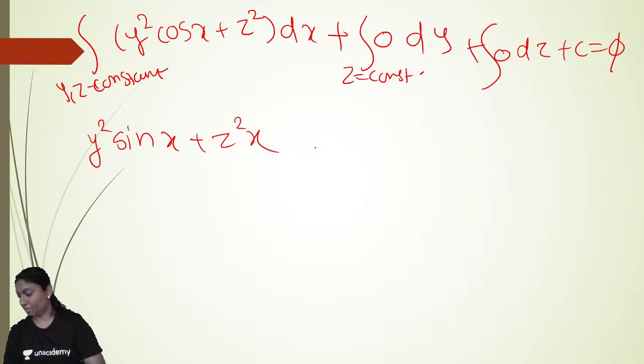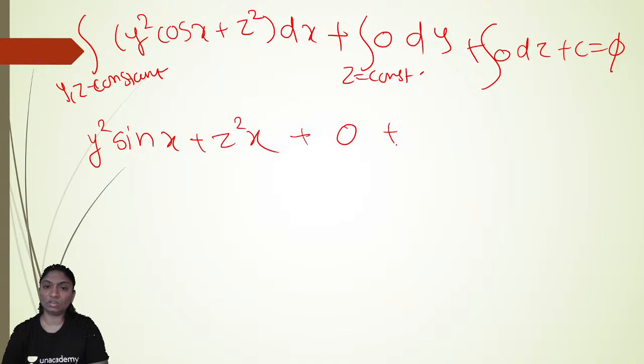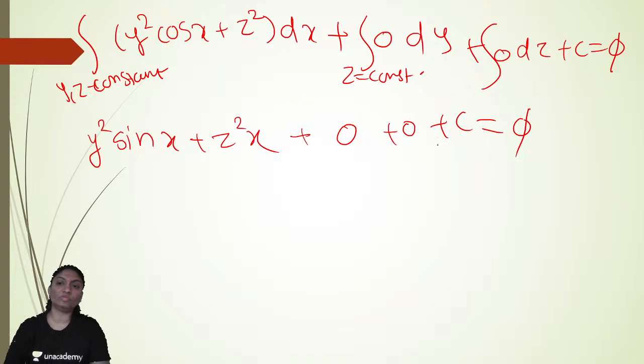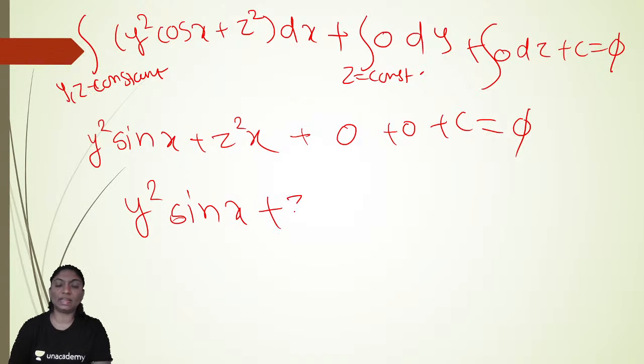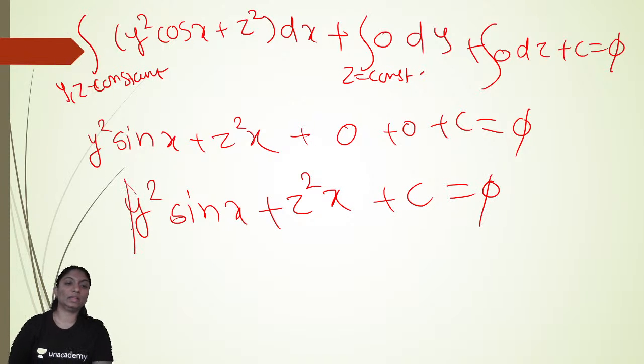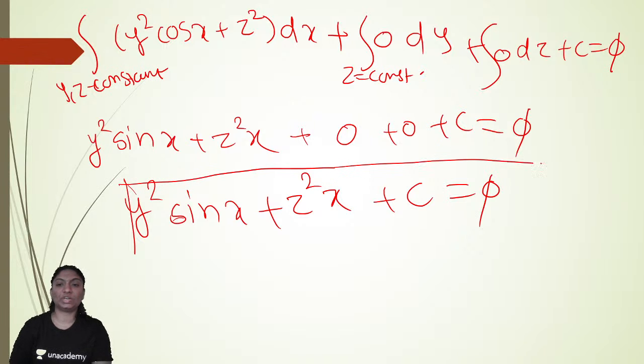We get y square sin x plus z square x plus 0 plus 0 plus c. We will get the scalar potential phi as y square sin x plus z square x plus c is equal to phi. Your scalar potential phi.